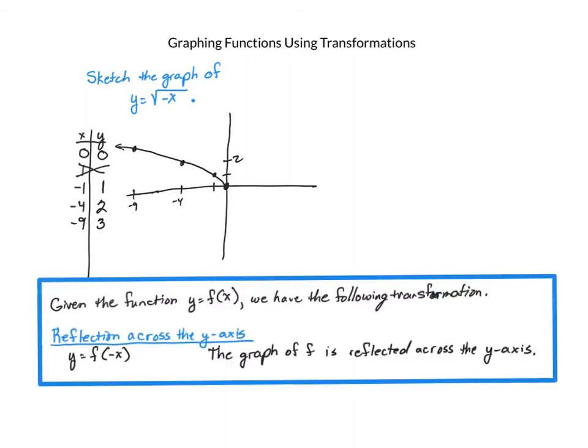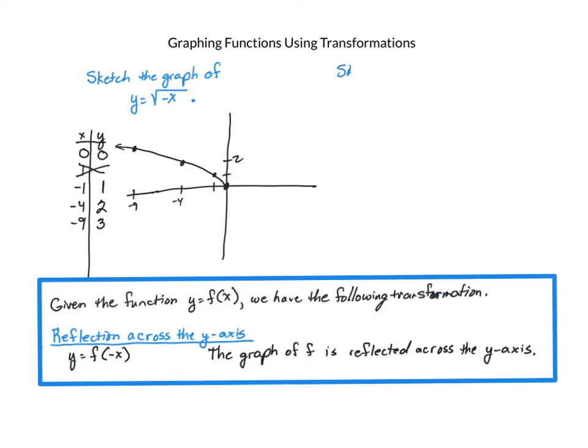Given the function y equals f of x, if we wanted to graph the function y equals f of the opposite of x, we would just take the graph of f and reflect it across the y-axis, and we would have our new function. So let's look at another one. We can put the next one right here on this same page.